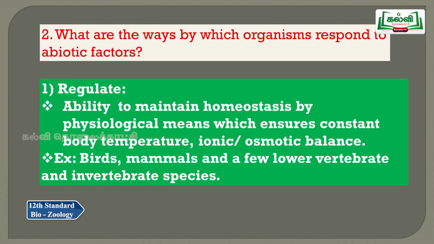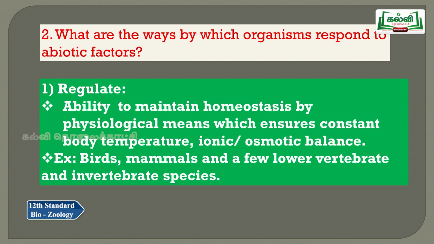Emigration means when the conditions are not favorable, they move from one place to another, and when the conditions come back to normal, they return to the same place. Immigration is moving into a place from another place. And also there are lots of diseases, like bacterial and viral diseases, which can attack the organisms. So these are the intrinsic factors.